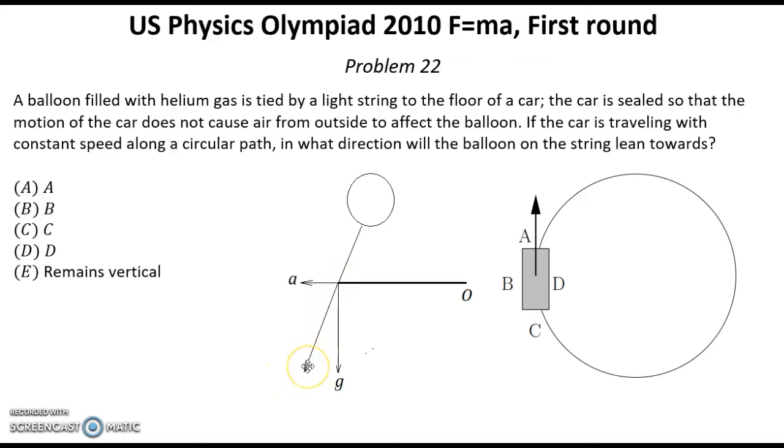And because our balloon is floating in air, which is heavier than helium gas, there will be a buoyancy force going opposite to the gravity force. It means that the balloon will go this way, which is answer D on this picture. And the correct answer is D.